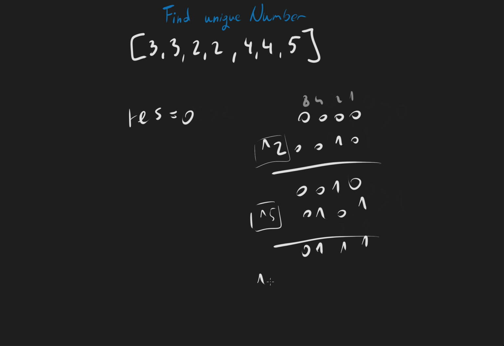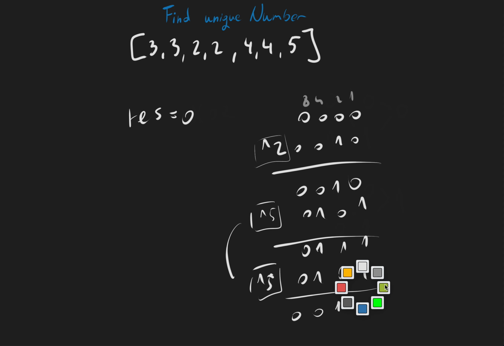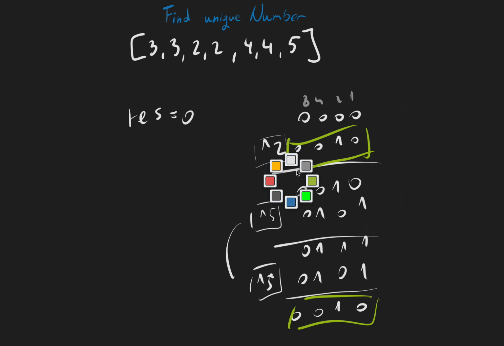But if we then again XOR this current results variable with 5, these numbers, because we use XOR, will cancel each other out, and we can see this in this example. So we have 5, we XOR this number, so 1 1 becomes 0, 1 0 becomes 1, and 1 1 becomes 0 again. We can see that we're back at having 2 again.